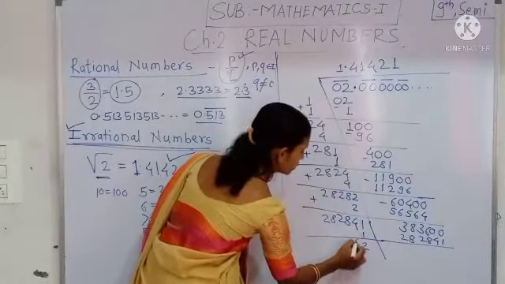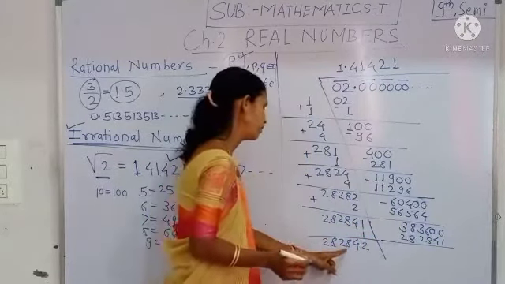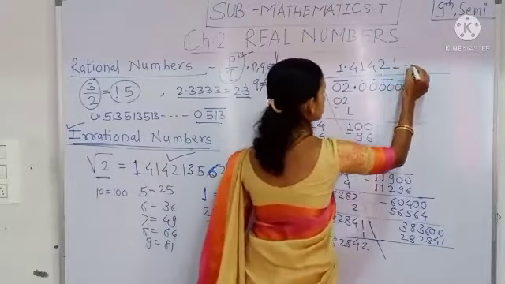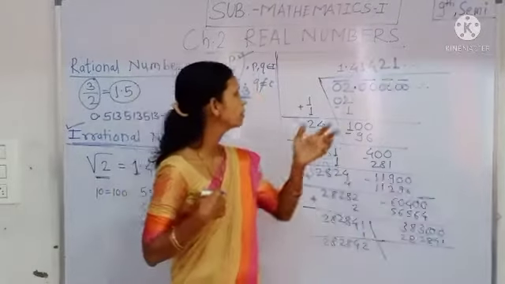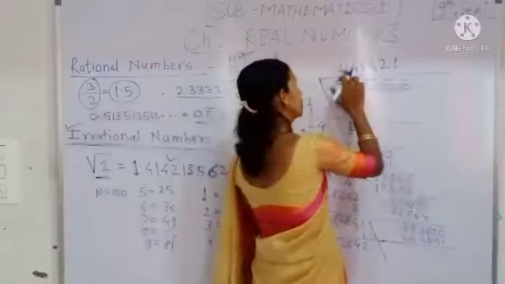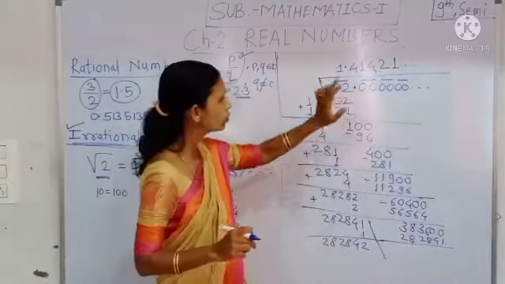And here we get the values, that is 282842 here, and 1 is written here. Similarly, we can do this calculation and we can get the decimal form of that square root of 2.